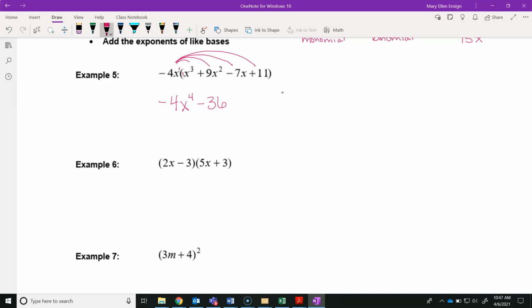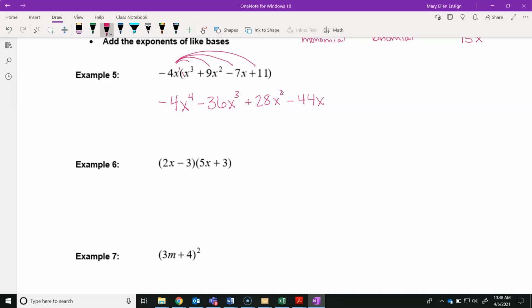X to the first times x to the second is x to the third. Then I'm going to multiply -4x times -7x, plus 28x squared. Then I'm going to multiply negative 4x times 11. I get minus 44x.